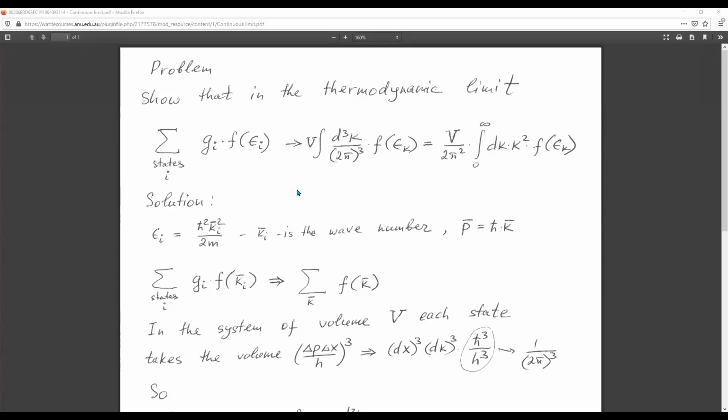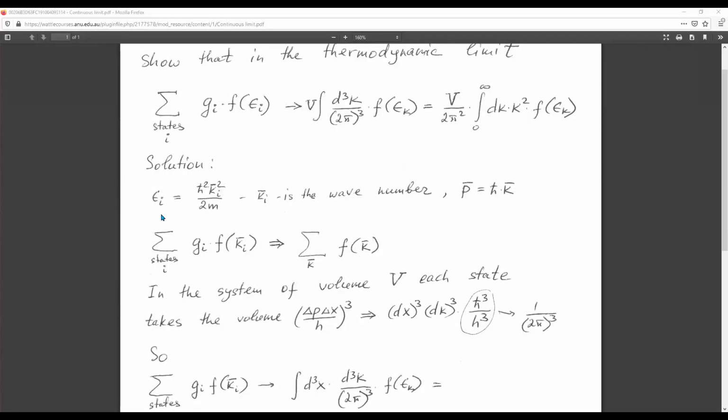How do we do that? Let me remind you that the energy of any particle is related to its wave number by this relation, and the momentum of the particle is related by the reduced Planck constant times its wave number.